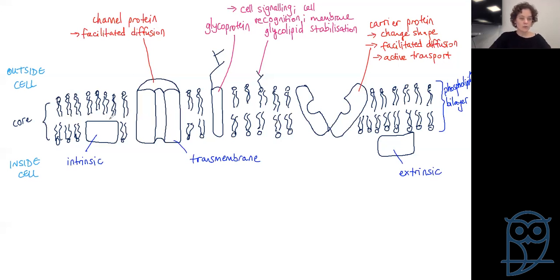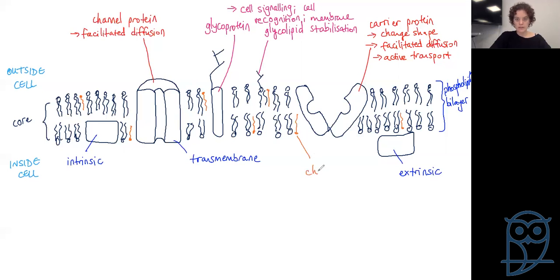So who else have we got? We still need to talk about cholesterol. Let us have orange cholesterol. So it sits in between our phospholipids. And now we need to think back to when we were talking about saturation.